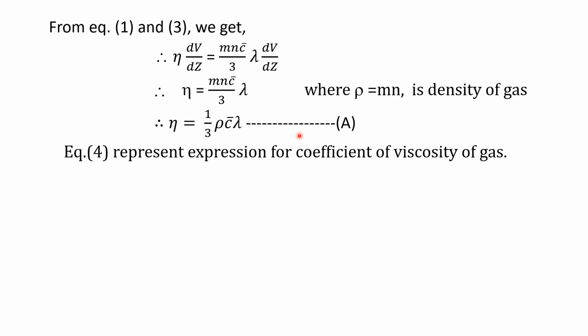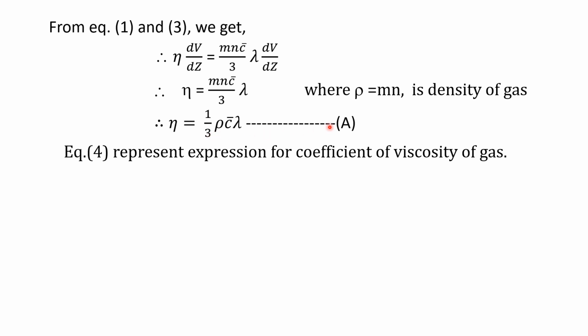Here we interpret this term: in that equation, the density of gas is constant and the mean free path lambda is also constant. Therefore, the coefficient of viscosity is directly proportional to the average velocity of the gas molecule.